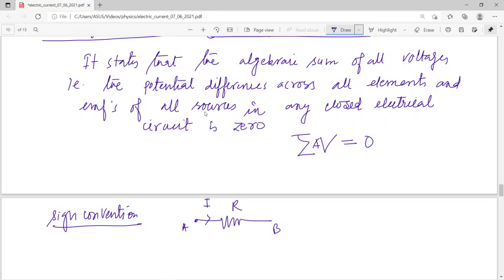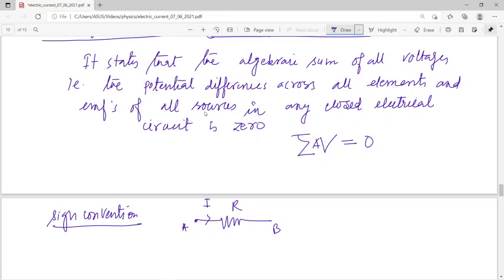So when the resistor R is traveled in the direction of the current, the potential difference across the resistor may be taken as negative, and when a resistor R is traveled in the direction opposite to the direction of current, the potential difference across the resistor is taken as positive.